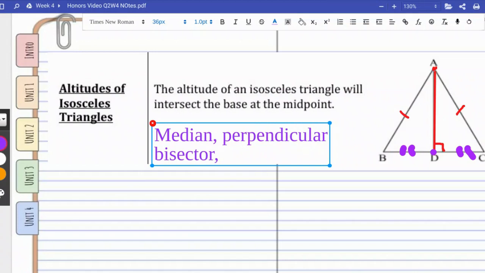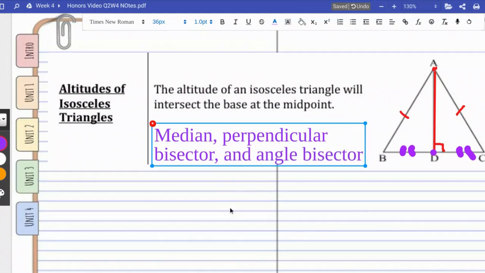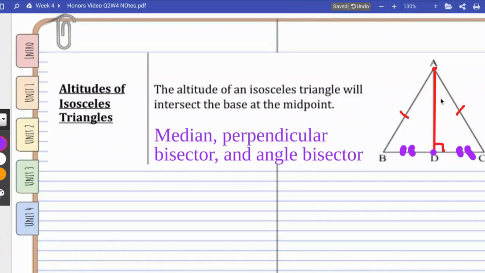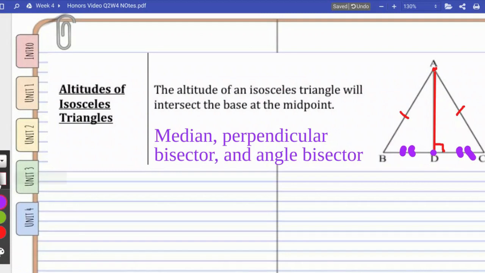And this thing is also an angle bisector. So if you have an isosceles or equilateral triangle, an altitude could be a median, a perpendicular bisector, or an angle bisector, meaning that these two angles up here are going to be equal to each other.